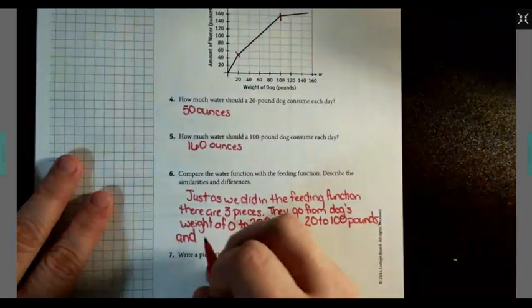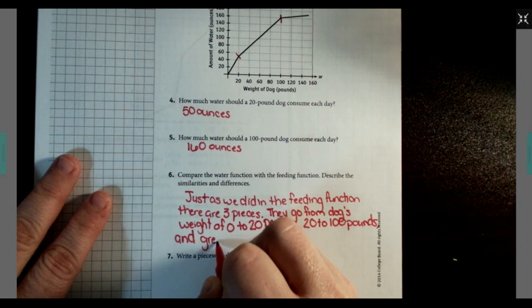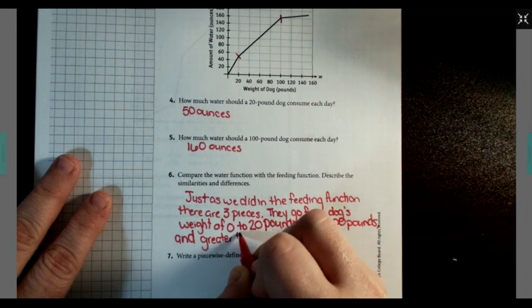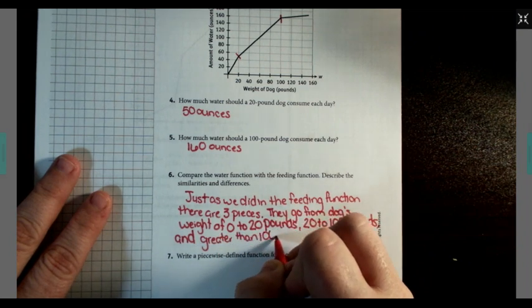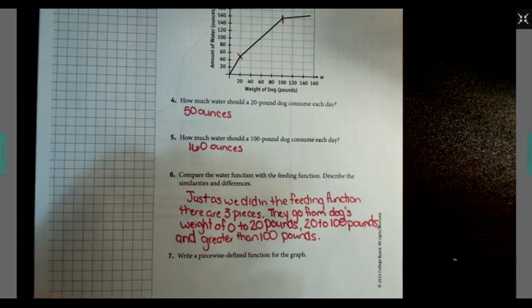And this one was greater than 100. So that was the same as with the feeding function.